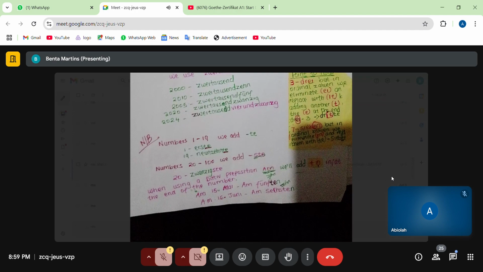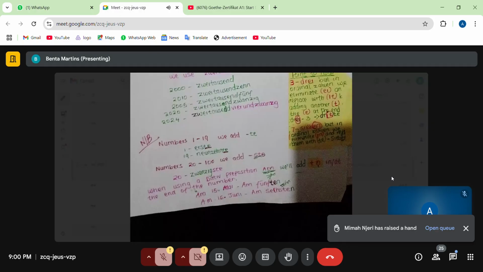It's the normal 20, but since it's in the ordinal numbers, we add STE, so it's going to be zwanzigste. So from 20 to 20ste, and from 20 onwards up to 100 and beyond.